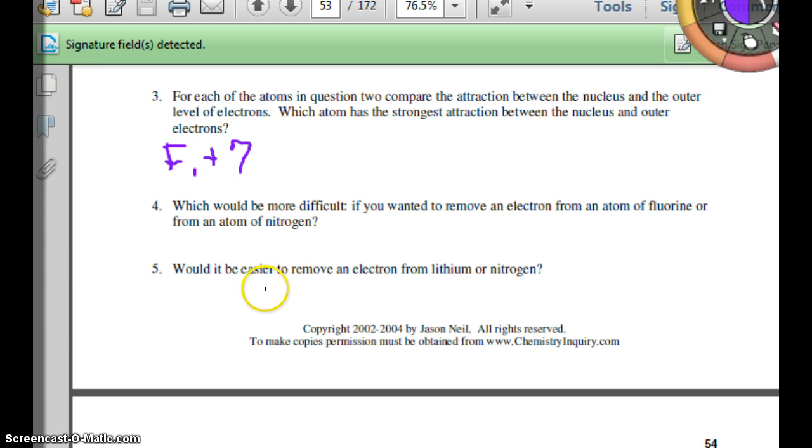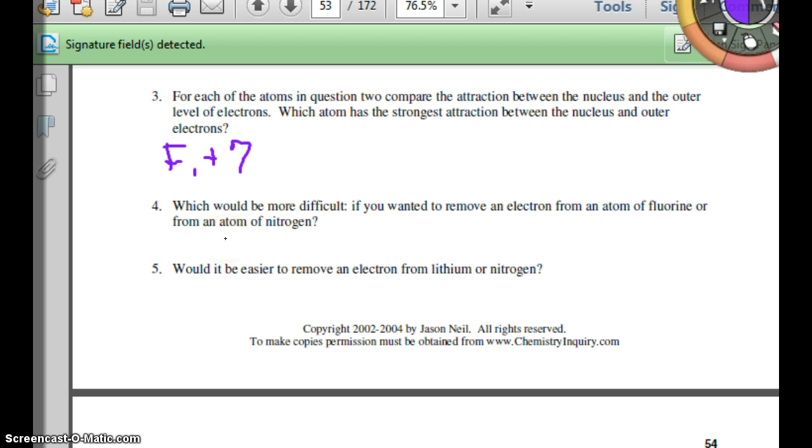So number 4, which would be more difficult? If you wanted to remove an outer electron from an atom of fluorine or from an atom of nitrogen. Now you've got to think of which one has the strongest pull. So for similar reasons as question 1, it would take more energy to remove an outer electron from fluorine than from nitrogen.